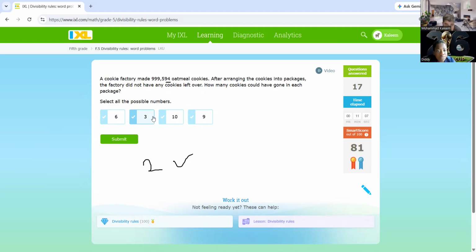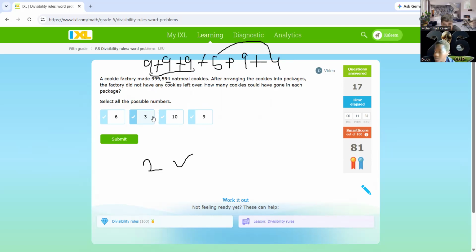So we have 9 plus 9 plus 9 plus 5 plus 9 plus 4. That's 27. I think it is divisible by 3 because look, 5 plus 4, that's also 9. So 9 plus 9 plus 9.